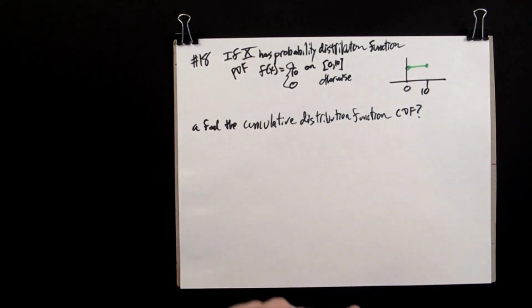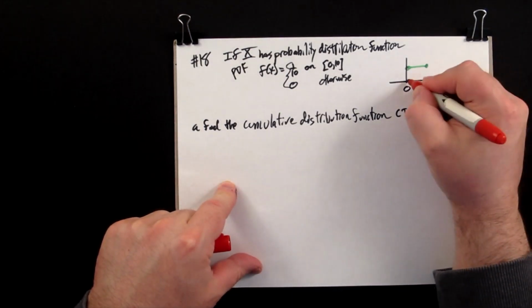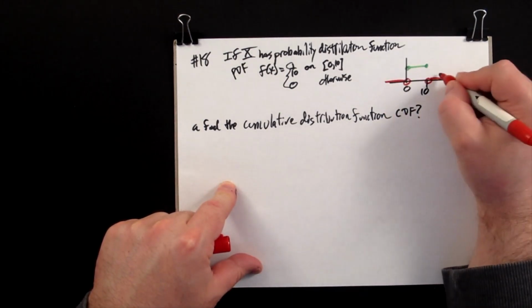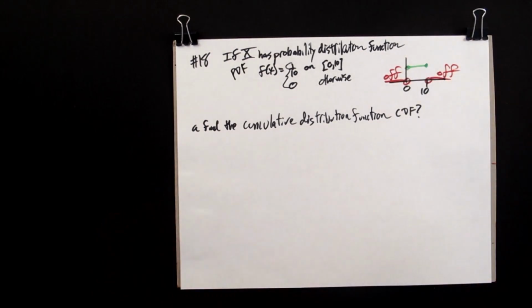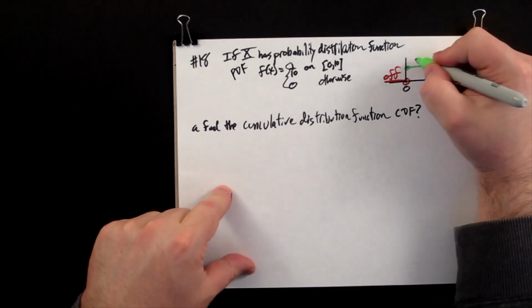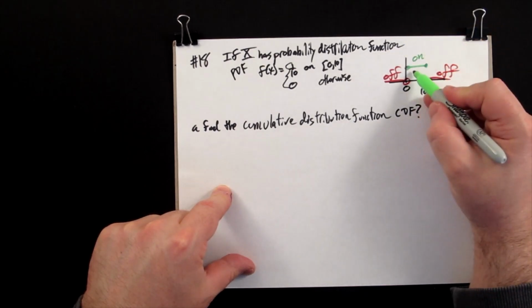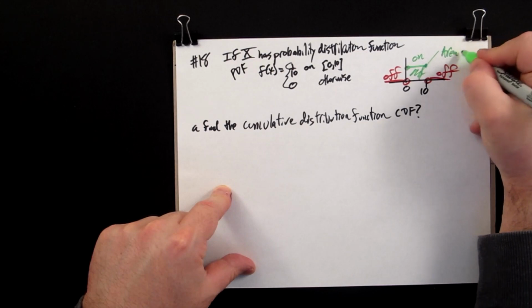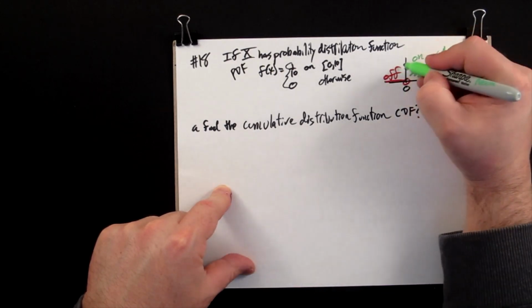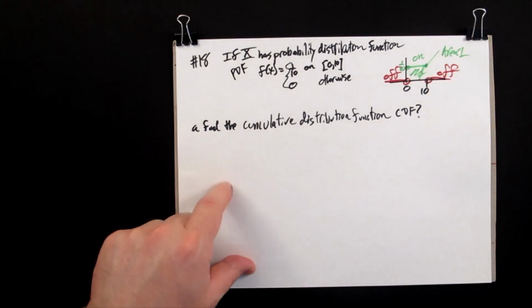And then outside of 0 and 10, it's going to be off. So it's on here. And again, we want this to have area 1 here. So to do that, this has height 1/10.